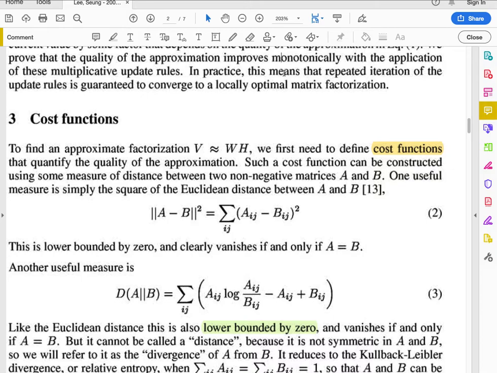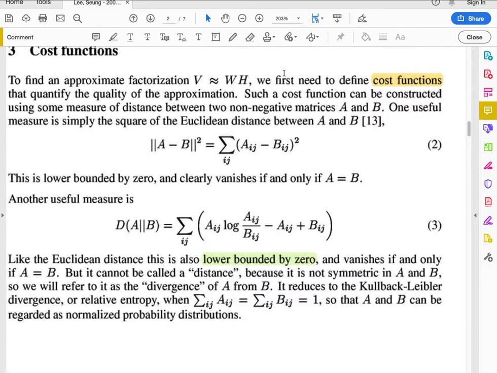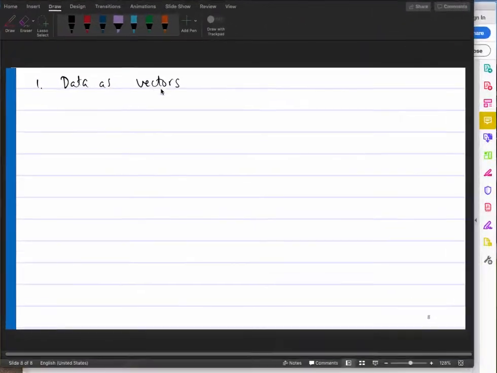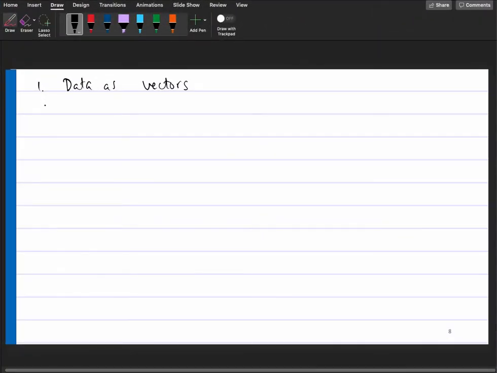So you have represented your data in terms of data vectors and stacked them up in the form of a matrix, right? Now to find an approximate factorization, we first need to define the cost functions. This is important. First you represent your data, then second you have to define a cost function.